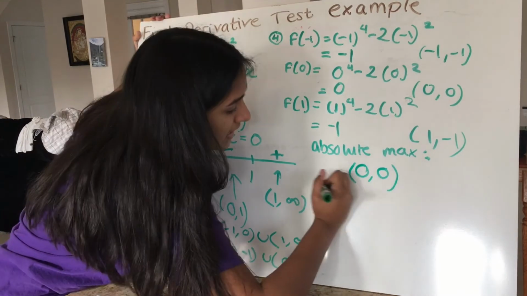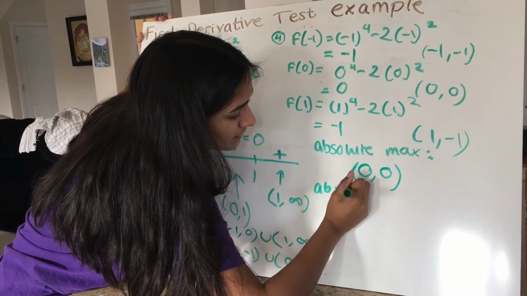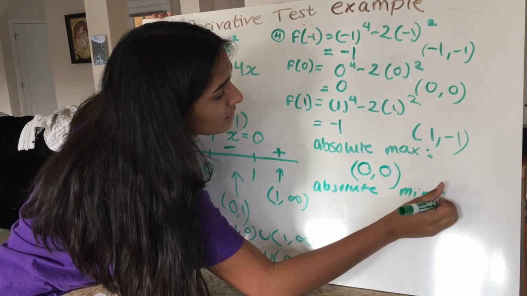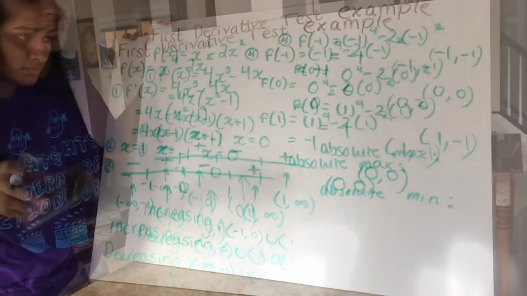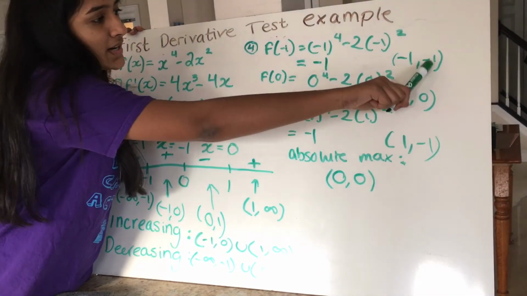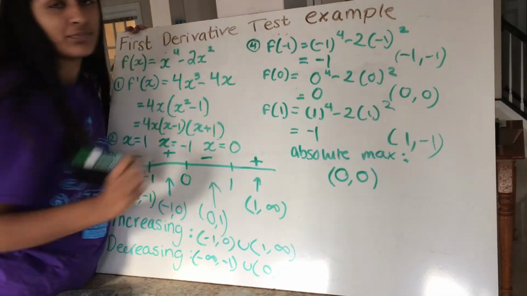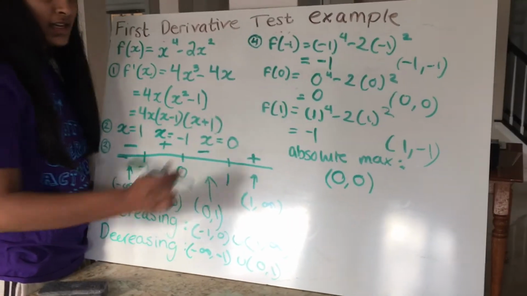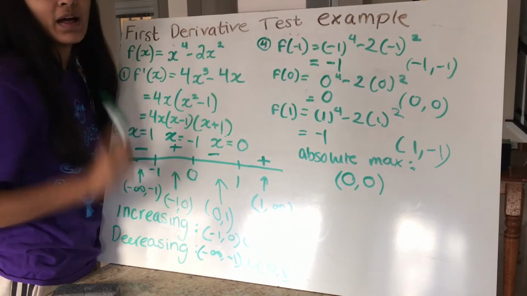If we were asked to find our absolute minimum, there are no absolute minimums because these two are at the same y value. So these two would actually be relative minimums.